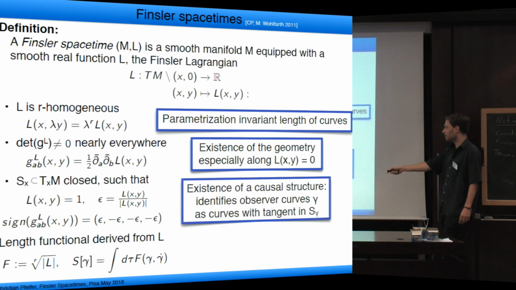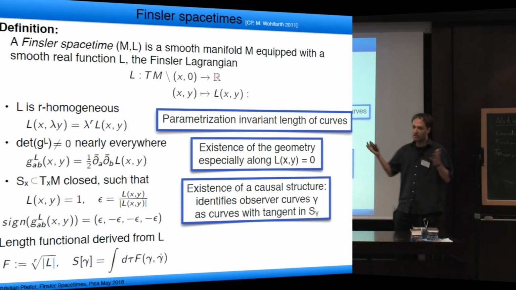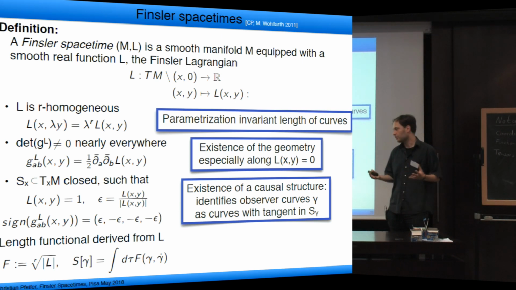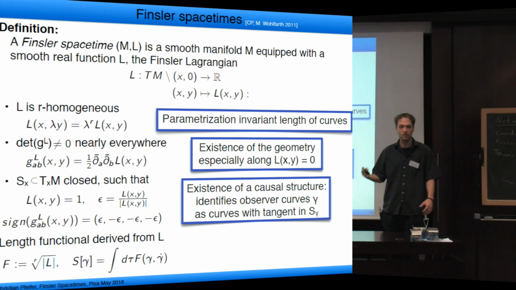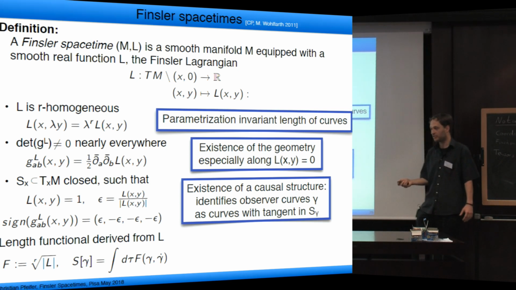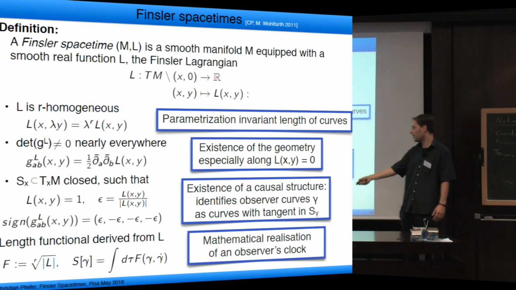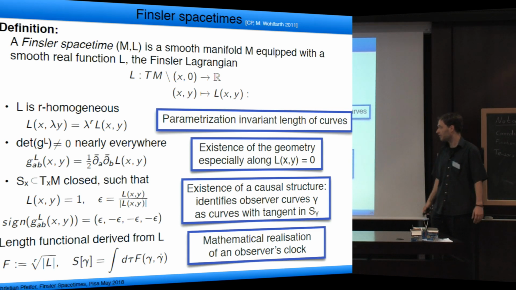Then this condition will single out a subset, a shell of the non-compact indicatrix of such a Finsler Lagrangian, which we identify as the shell of unit normalized stable observer directions. So this basically defines our stable time-like directions. And then finally, this is a mathematical realization of an observer's clock.